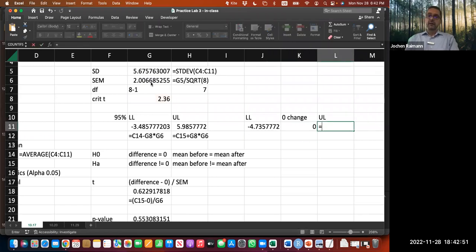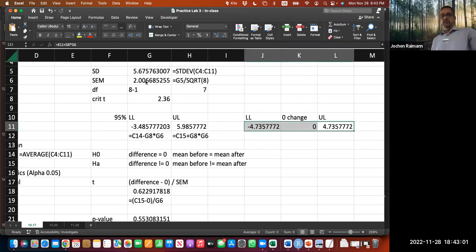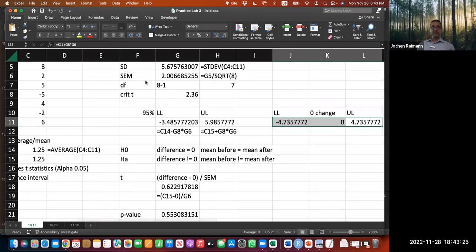Or I say, I want zero plus the standard error of the mean multiplied by the critical t. So that would be this range around zero within which I'm 95% certain. So that's basically the range where the null hypothesis is true. And that's your mean difference. So this is the equation for the lower limit.